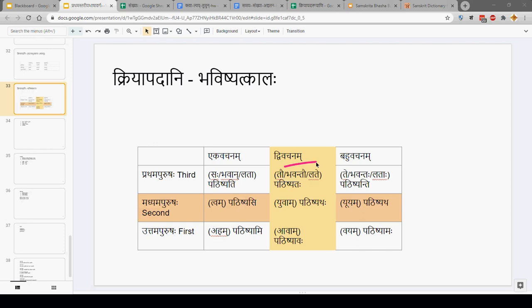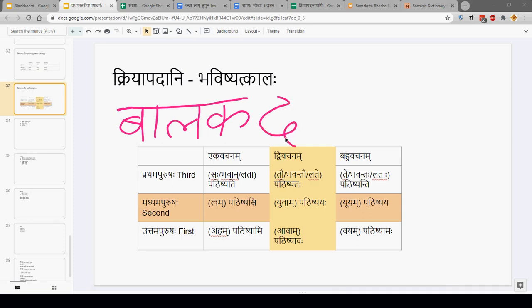But the simpler one, at least in the beginning stage, could be Balaka. Look at the Akaranta Pullinga. This is the base noun, or noun base, whatever you call it, the Pratipadikam, as it is called in Sanskritam, Balaka. This Akaranta Pullinga Balaka, right? So to that you just add Dvayam.